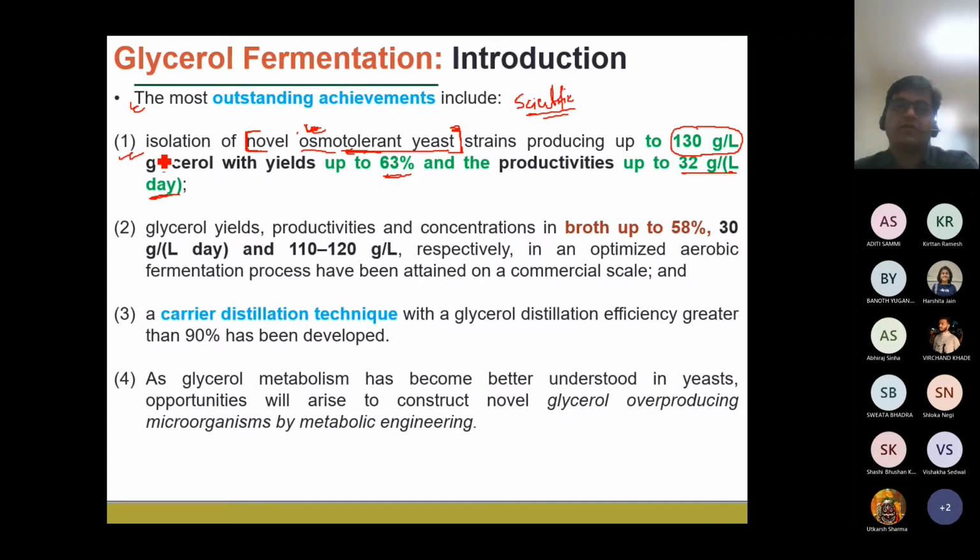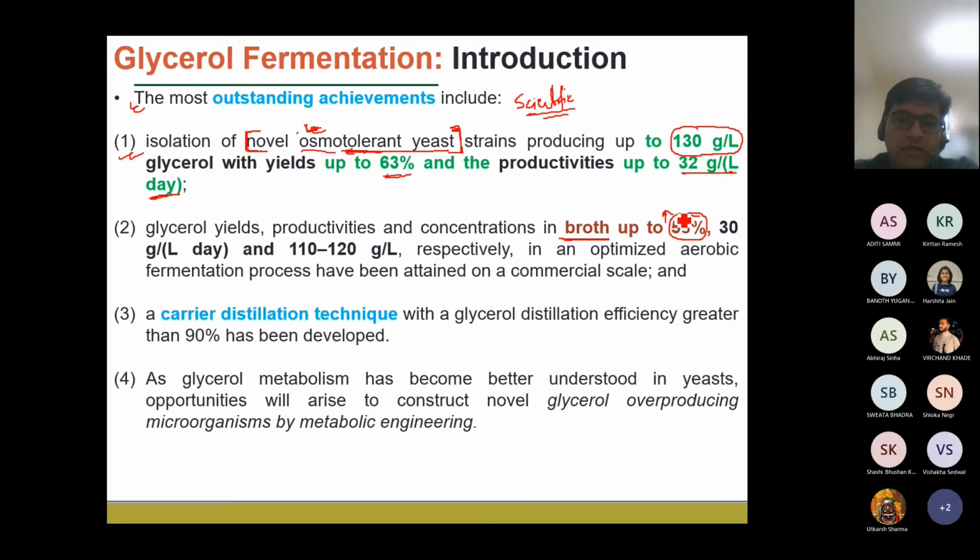So the first advancement was obviously the production of this novel osmotolerant yeast, which has higher productivity. And after the media optimization, the glycerol yield is generally almost 58% compared with the broth. Okay, and this is significantly higher.